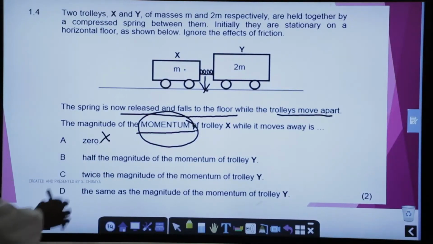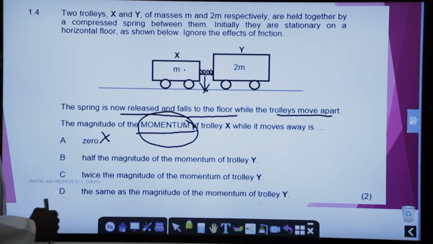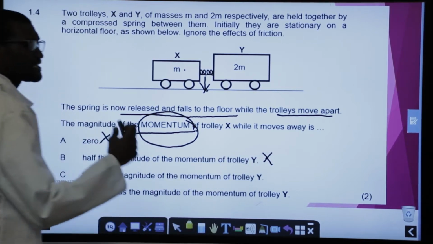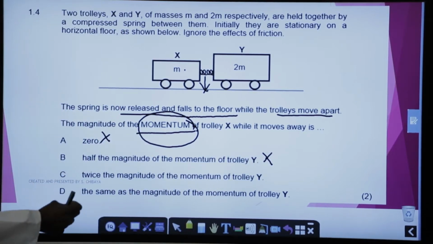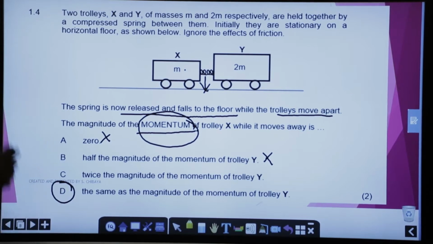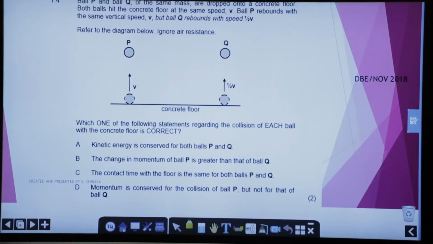No. Half the magnitude of momentum of the trolley Y? No. If I am to apply the law of conservation of momentum, you can agree with me that the best answer here is D, the same as the magnitude of the momentum of trolley Y. Why? Because of the law of conservation of momentum. We are moving on with questions.